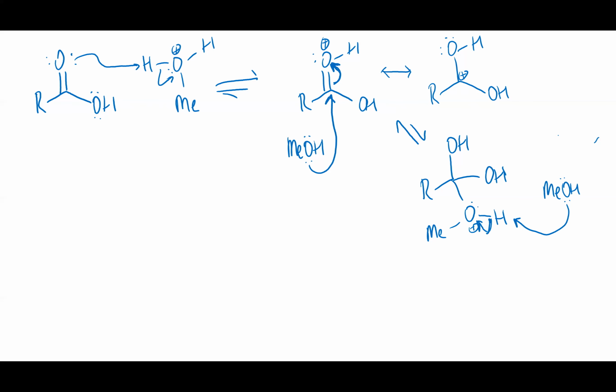Should be a bit more precise with my curved arrow there. Then we've got this intermediate here, but we're going to protonate on that hydroxy group. So we get proton transfer.